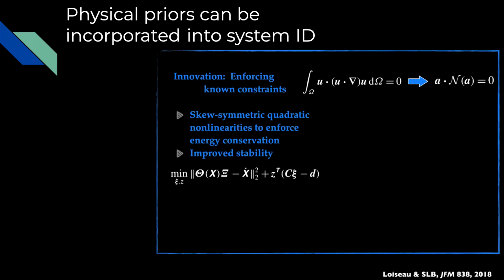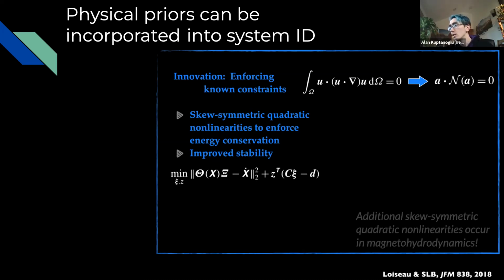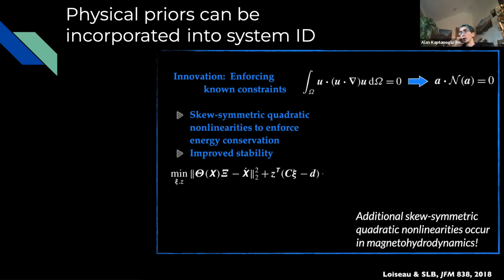And so we would like to build that in a priori so that our models just immediately satisfy that property. So you can actually do this. It turns out this improves accuracy and stability, and you can just alter that optimization problem, add a Lagrange multiplier, and then put in your constraint on the nonlinearity here. Turns out skew symmetric quadratic nonlinearities are common, and in particular common in MHD. So I'll just flag that here.